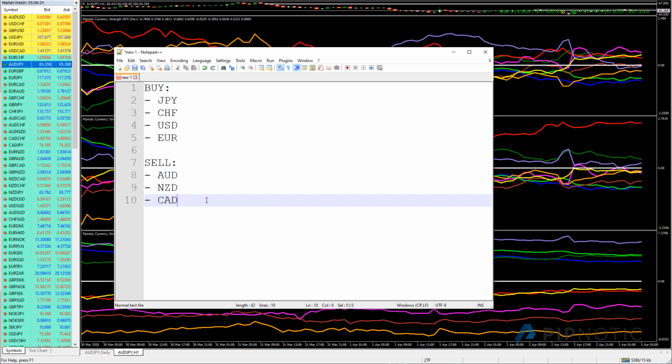Okay, and so then I'm going to make some pairs out of these. So the Aussie, we have the Aussie yen. So this is to buy. Okay, that's a clear buy according to the currency strength. We have a buy for the Aussie franc.